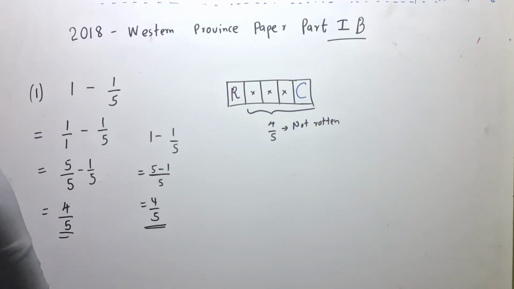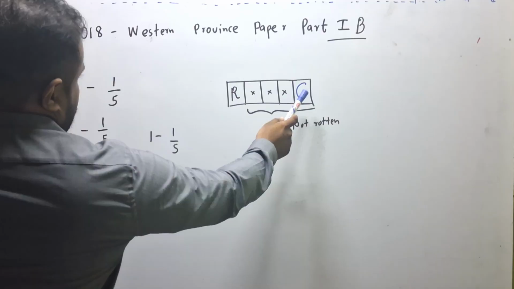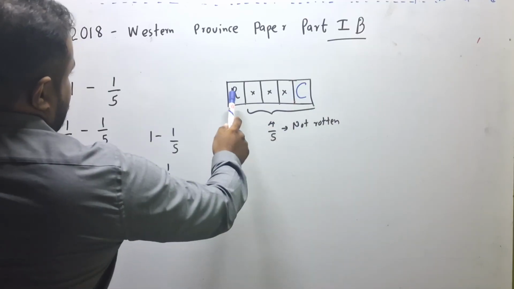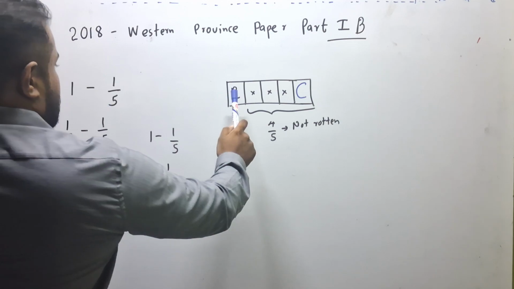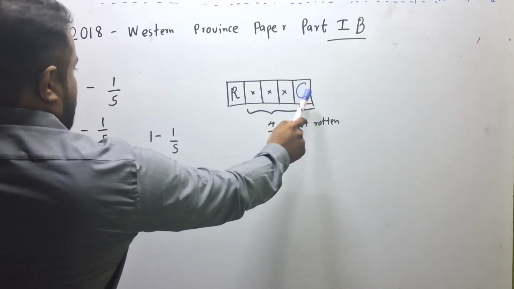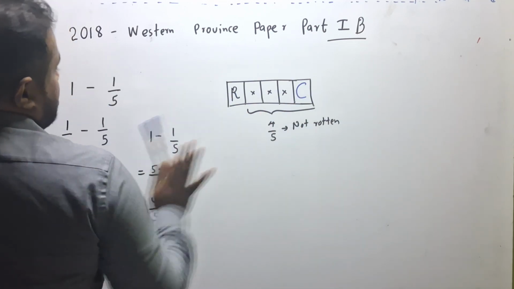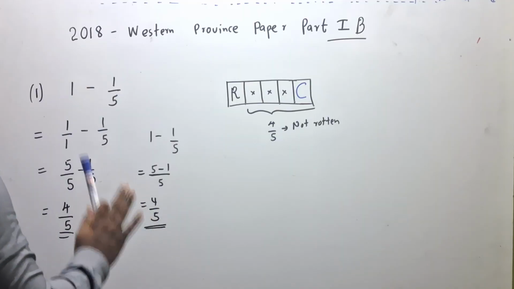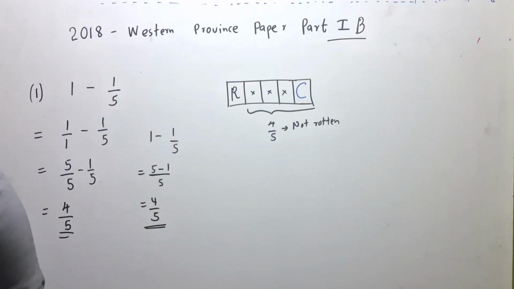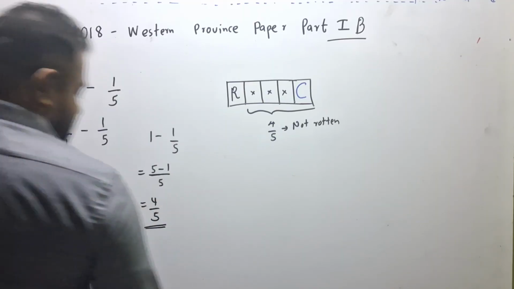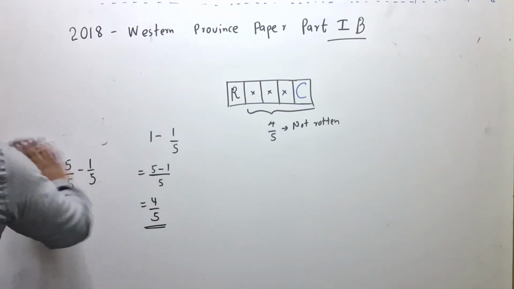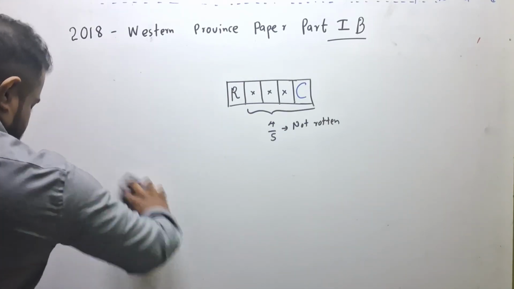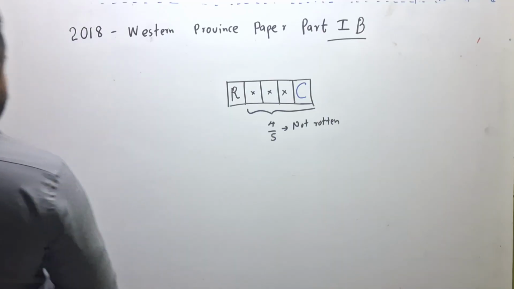What fraction of the whole lot is kept for his consumption? Here are 1, 2, 3, 4, 5 parts and 1 part is taken for consumption. So answer must be 1 out of 5.